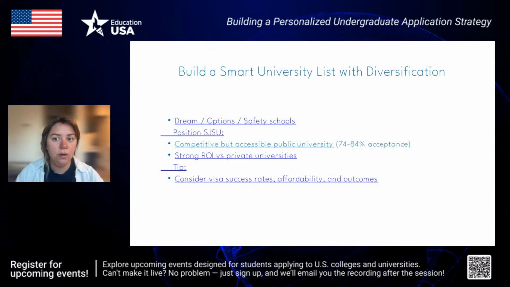So you also have to think about getting all of those documents and processes easily accessible, ready to go so that you don't delay on securing a visa appointment for scheduling your student visa interview.